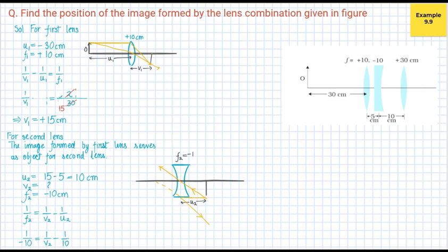So I can write 1 by V2 equals, on the left hand side I have minus 1 by 10. If I send this minus 1 by 10 from the right hand side to the left hand side, I will get a plus 1 by 10. So these two terms will cancel each other, and this one will be 0. So 1 by V2 equals 0.